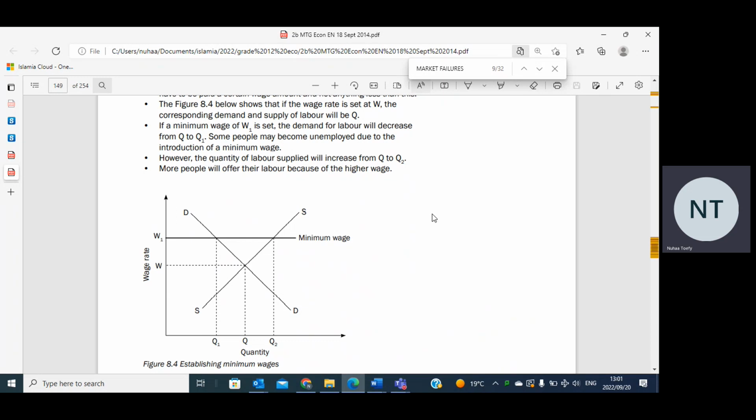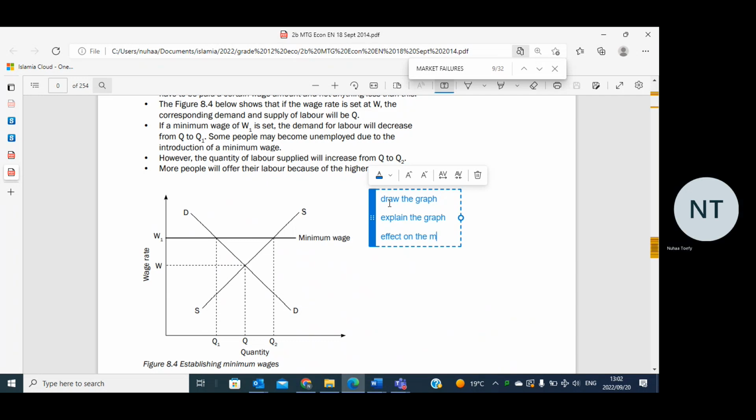And if you know that for all the graphs, then you are on track for the graphs for the market failures. So you must be able to draw the graph and then explain the graph, as well as the effect in the market.